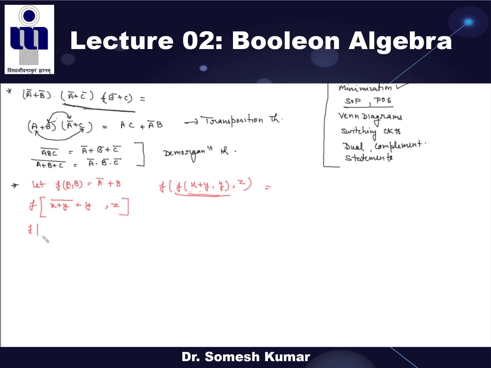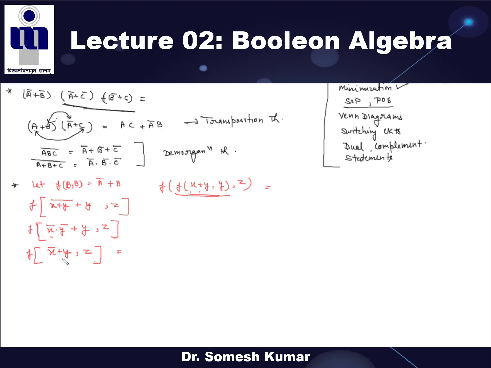According to De Morgan's theorem, can I write x bar y bar plus y, comma z? Now if we solve this, y plus y bar is 1, then it comes x bar plus y, this term only, comma z.